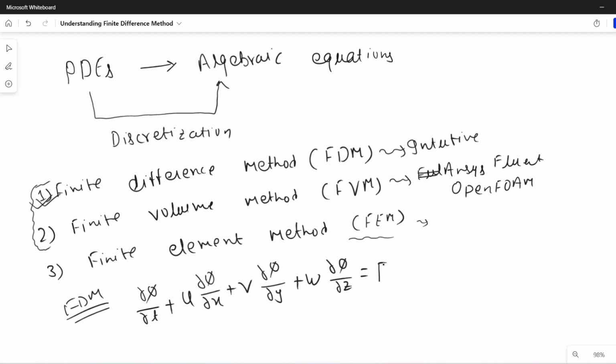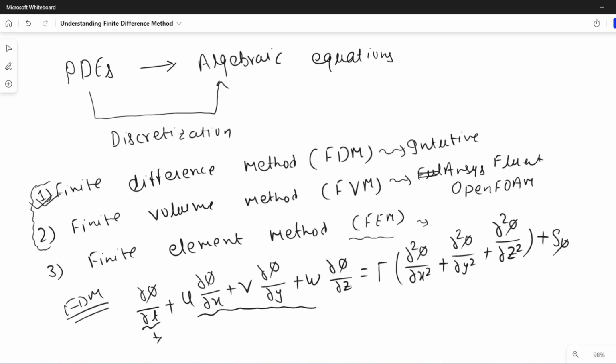This is diffusion constant multiplied by ∂²φ/∂x² plus ∂²φ/∂y² plus ∂²φ/∂z², plus S_φ. This is my transient term, this is my convective term, this is my diffusion term, and this is my source term.